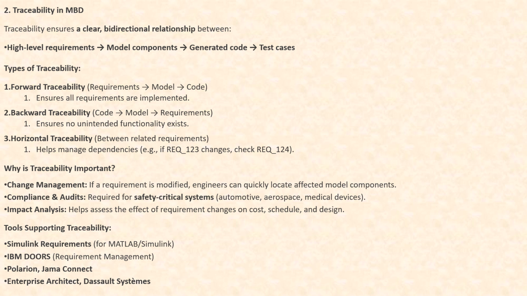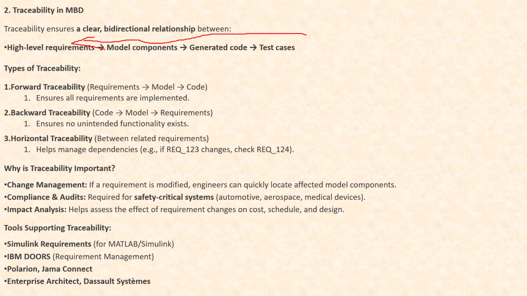Now let's see what is traceability. Traceability, now this is something which I already touched upon. Traceability ensures that there is a clear bidirectional relationship between high-level requirements, components, generated code and test cases. So whenever there is any issue, these can always be traced back. That's the reason I am drawing this arrow in the reverse direction.